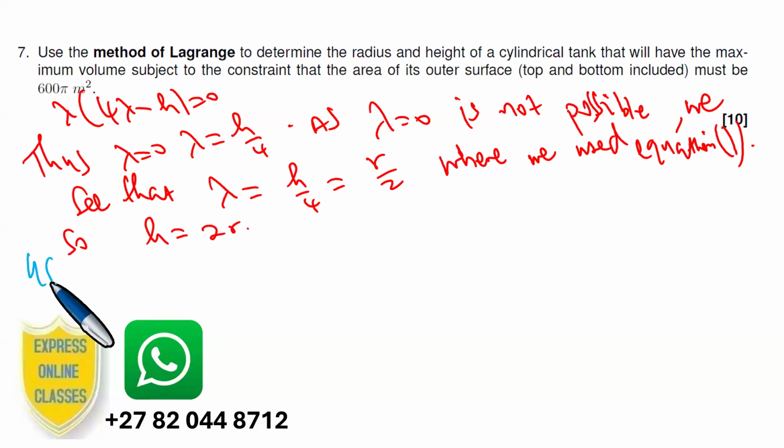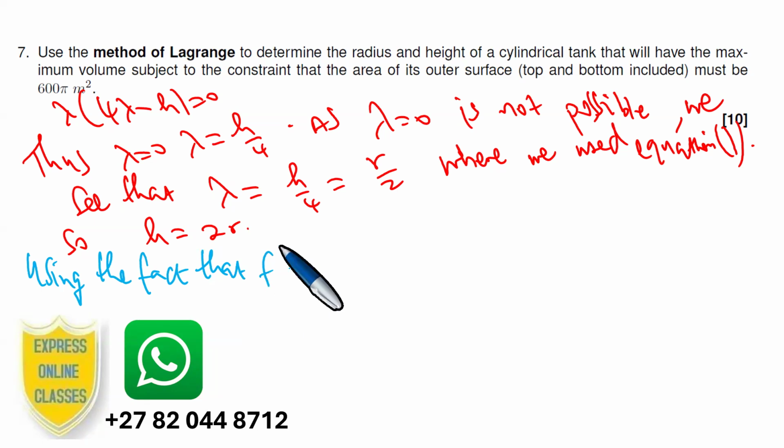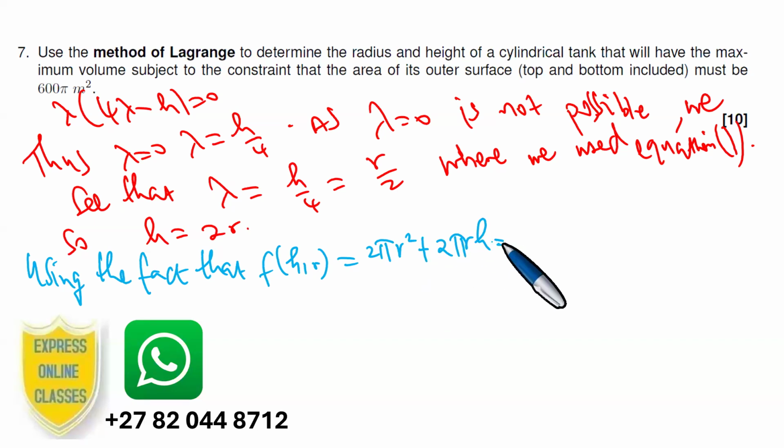Using the fact that F is 2 pi r squared plus 2 pi r h, which is 2 pi r times r plus h. Why is F like this?